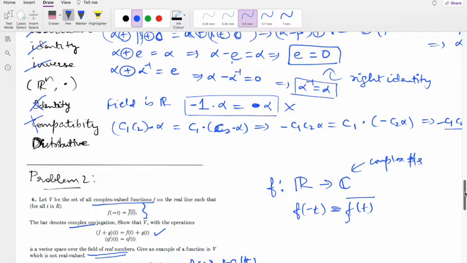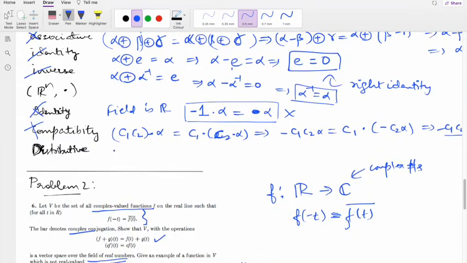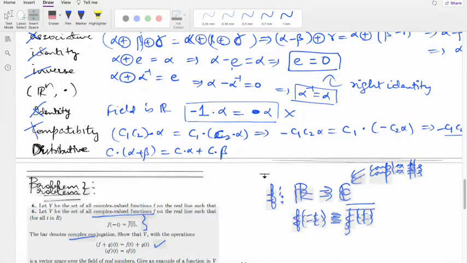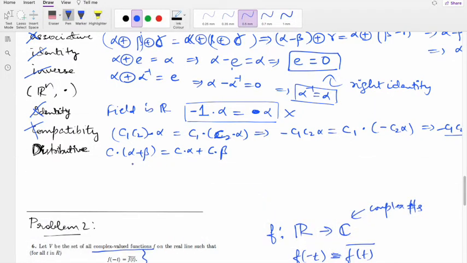Then coming to distributive, it talks about if I have c dot alpha plus beta, it should be equal to c dot alpha plus c dot beta, right? So this is basically minus c times alpha plus beta. Oh, one second, this is alpha plus circle beta, sorry. So this becomes minus c times alpha plus circle beta.